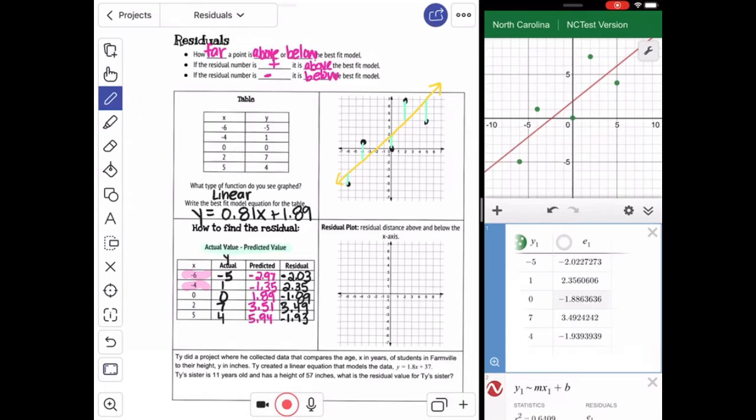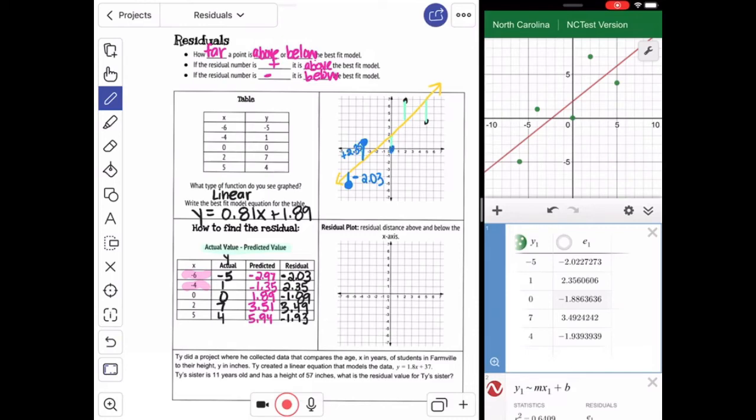Alright, so this one, our first point right here on my graph, I have -6.5. That is a negative distance. That is correct, by approximately 2 units. So this is -2.03. My next point was -4.1. That is approximately a positive 2.35 distance.